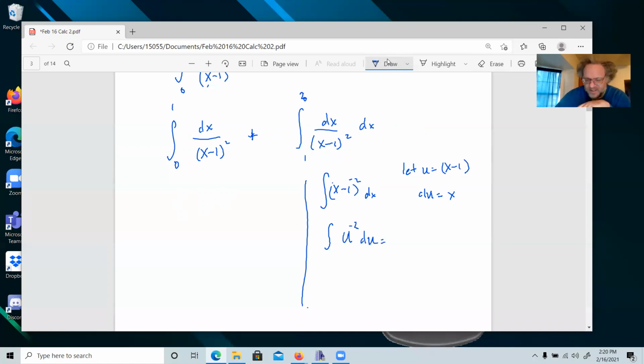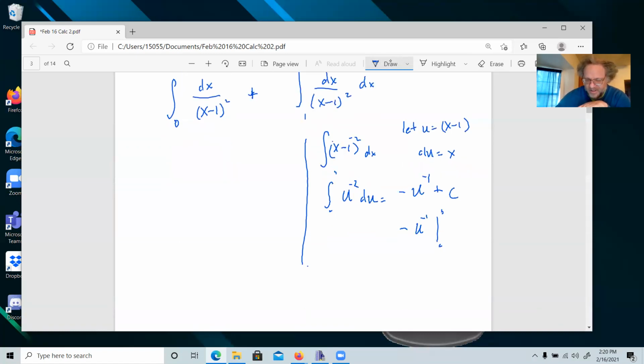If we just integrate this as an integral without limits, we're going to have negative u to the negative 1 plus C. Or if we had an a and a b in here, we'd have negative u to the negative 1 from a to b, and then we can put that back in. This is negative (x minus 1) to the negative 1 from a to b.